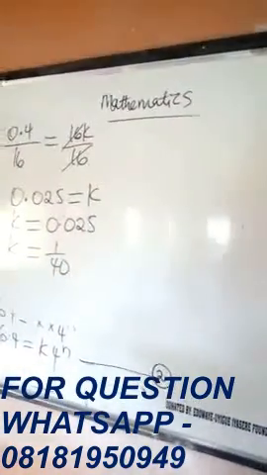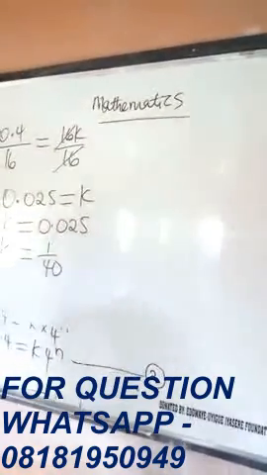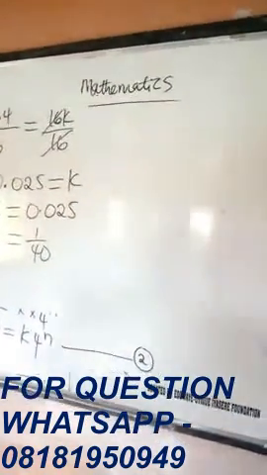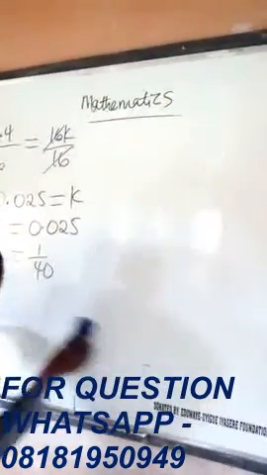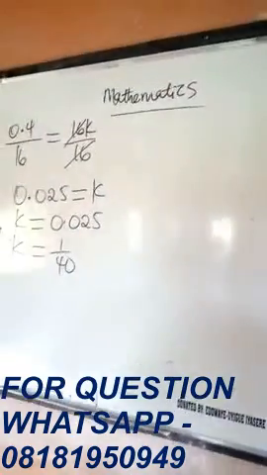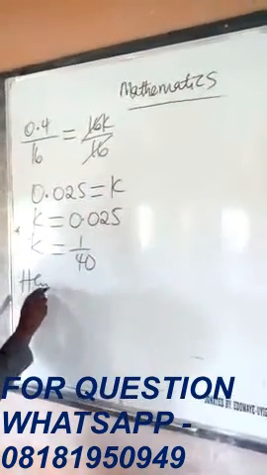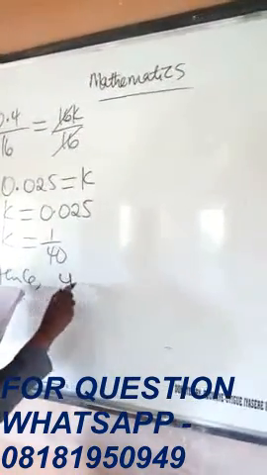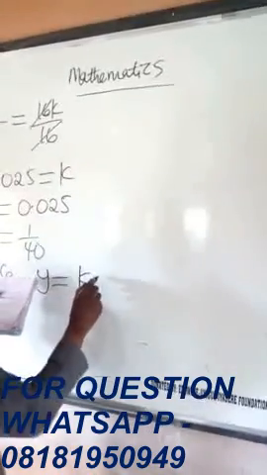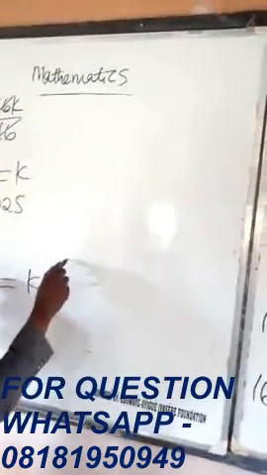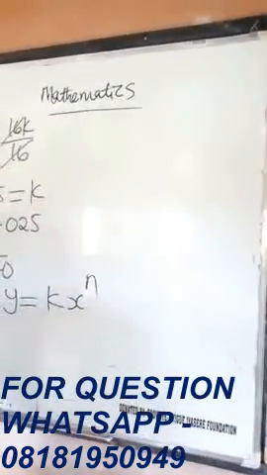In our question, they say the relationship, the function between y and x. So you write your real equation again. Your real equation is y equals k x raised to power n.